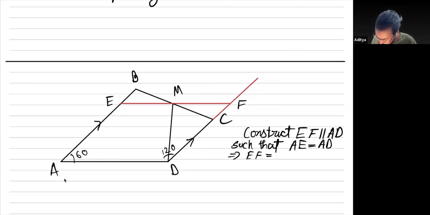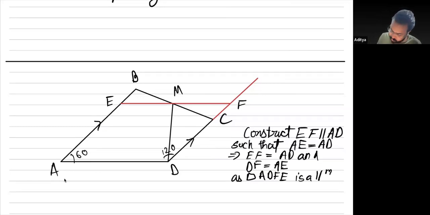EF is equal to AD and DF is equal to AE because quadrilateral ADFE is a parallelogram. I hope that is easy to see.